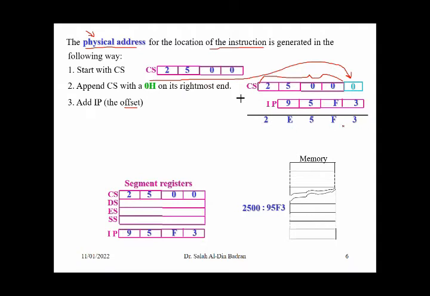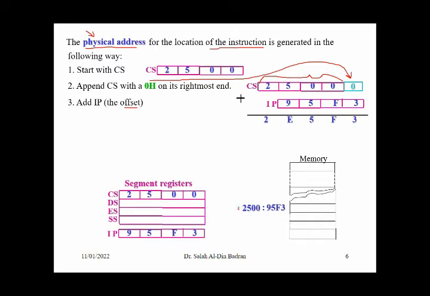So multiply 5 by 4, because each hexadecimal digit corresponds to 4 bits. 5 digits in hexa multiplied by 4 bits gives us 20. So this is the physical address.